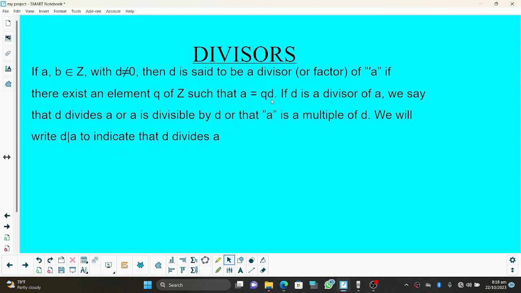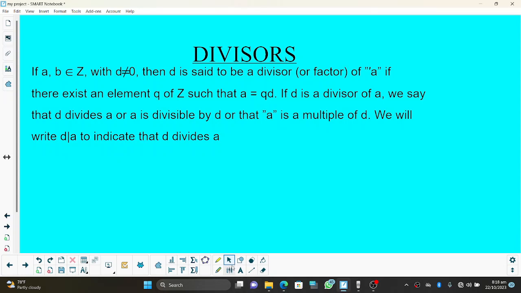Okay, so now let me explain this equation here. We are saying that a equals q times d, where q represents the quotient and d is the divisor. If I multiply the quotient by the divisor, I will get that number.